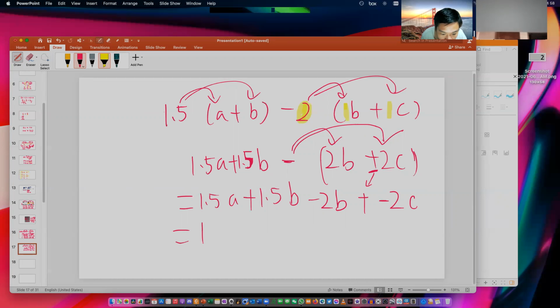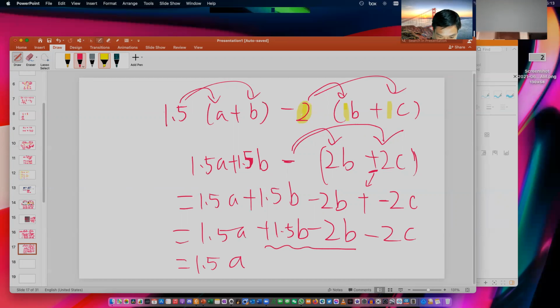So after that, you continue. Minus 2b, plus minus minus. So do you have similar terms? Yes, your similar terms are this one only. The rest is not similar. So plus 1.5b minus 2b is minus 0.5b. Then of course, the behind one is minus 2c. So this is the final answer for just now the question.